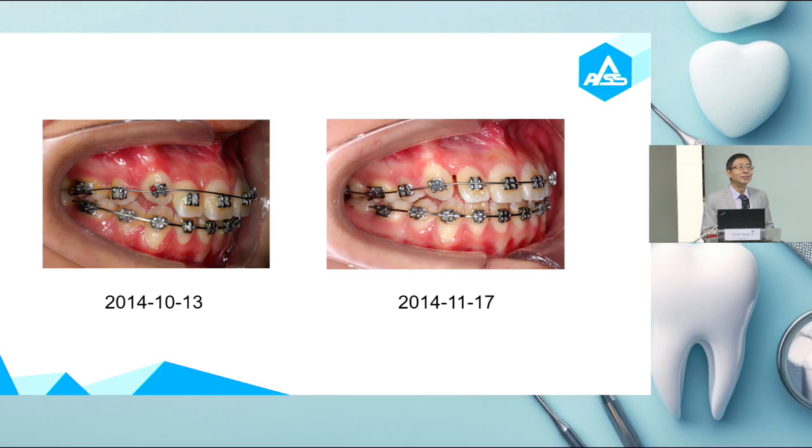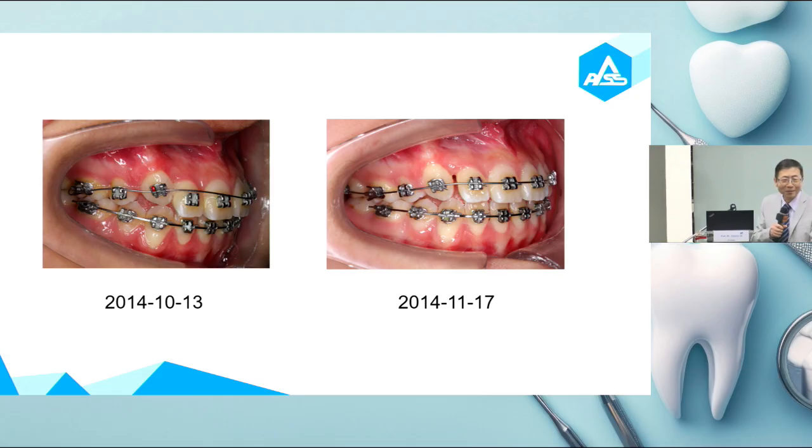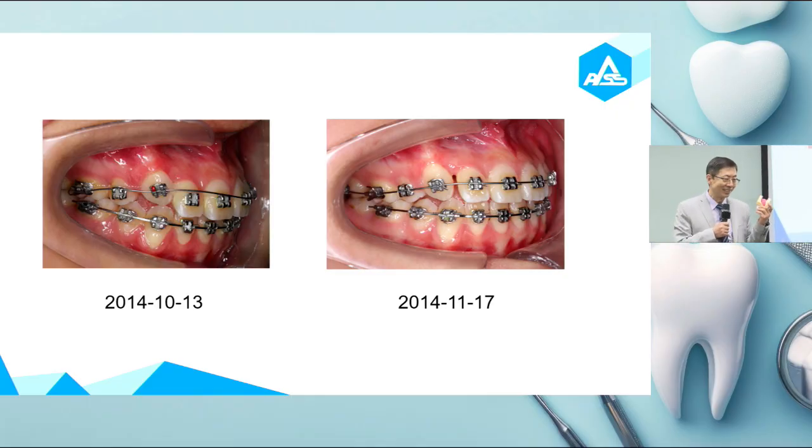Next, we are going to do some hands-on with the XPT buccal tube. Before we do the hands-on practice, the first thing I need you to do is some implantation. We put all teeth in the dentition first, then we do orthodontics.